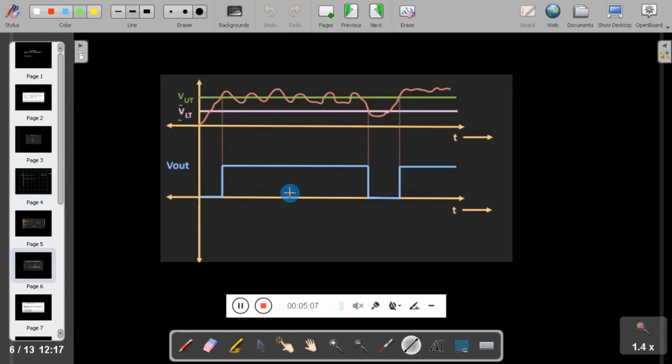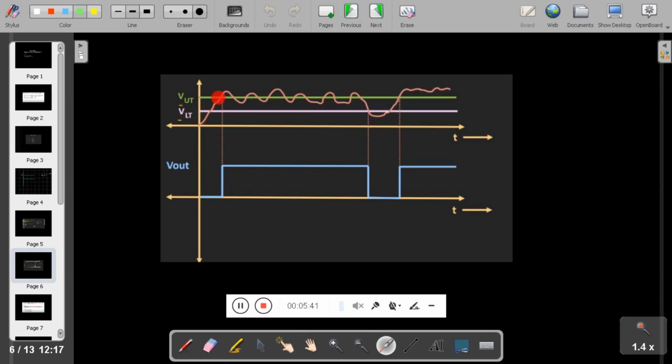In case of Schmitt trigger, we are using two reference voltages called VUT and VLT. VUT refers to the upper threshold voltage, and VLT refers to the lower threshold voltage. Suppose in this diagram, this is the input signal. When the input signal is 0, the output signal is also 0.